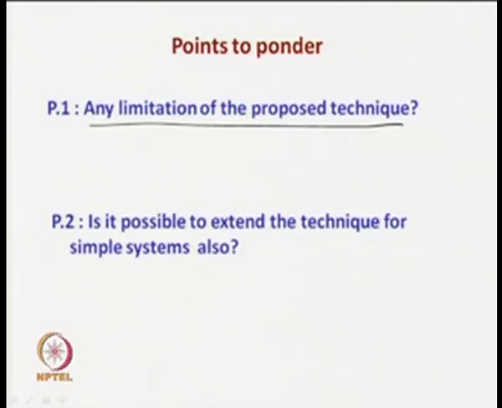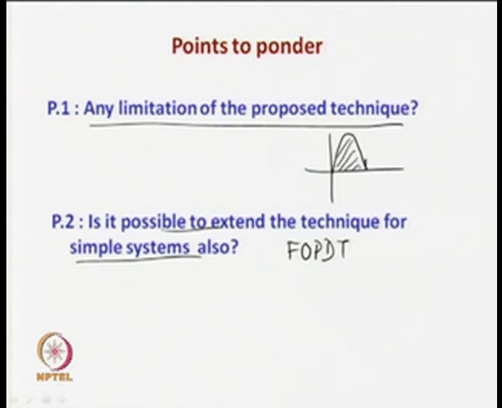Is it possible to extend the technique for simple systems also? Yes, it is possible to extend this technique for simple systems, in which case, luckily for first order plus dead time systems especially, one can find the area of a half period signal. Unlike the full period signal, one can find the area of a half period signal.